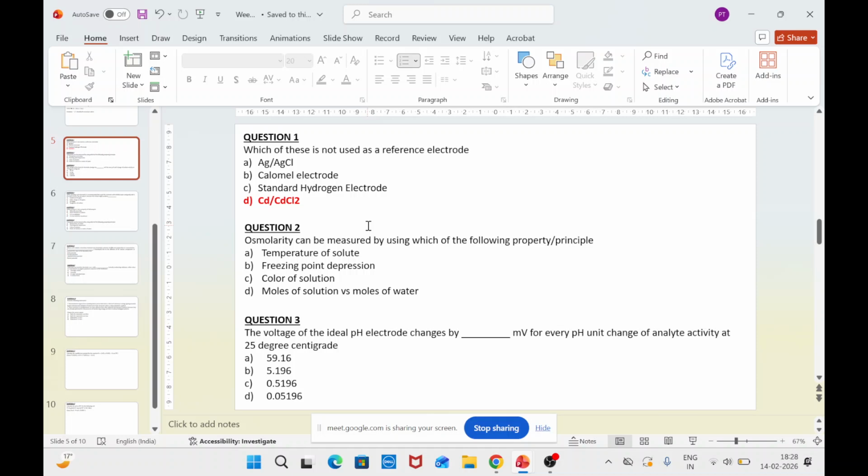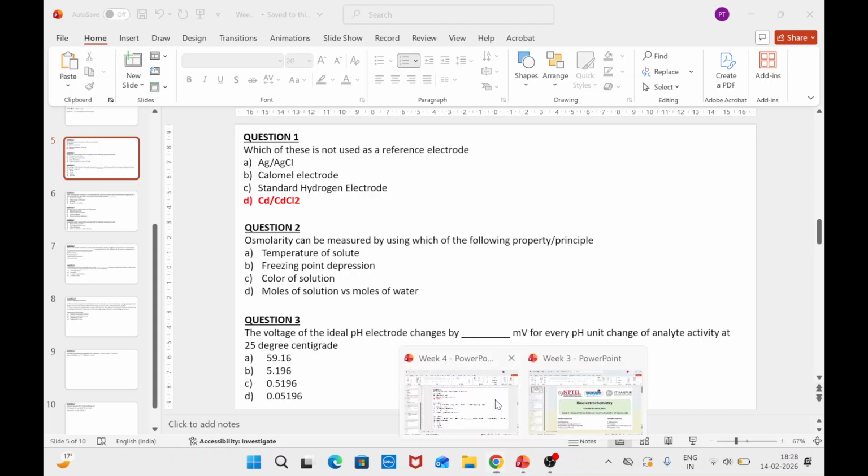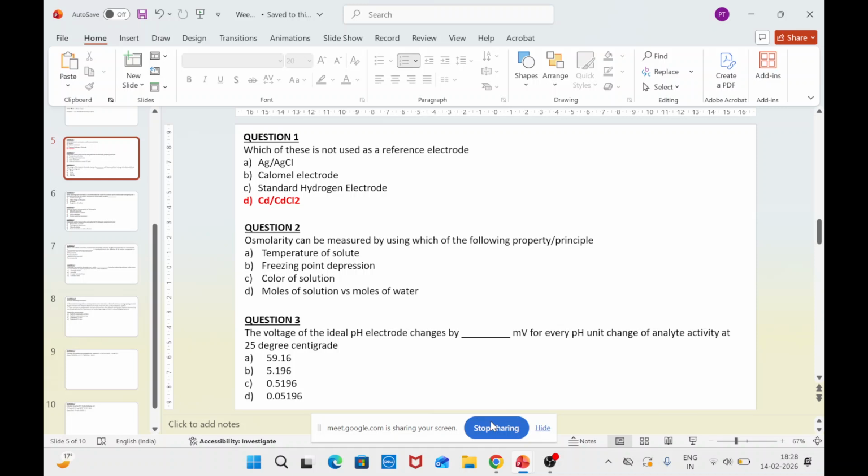How do you define molarity as such? Let us leave the discussion on osmolarity. When we discuss molarity, how do we define that? Number of moles per liter of solution. Yes, exactly. Number of moles of solute per liter of solution.